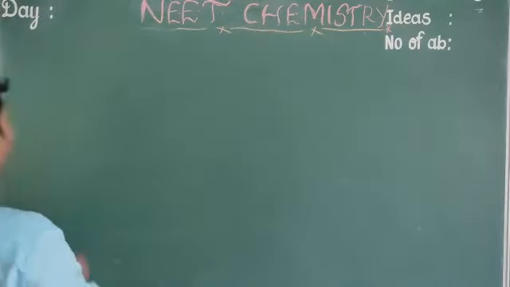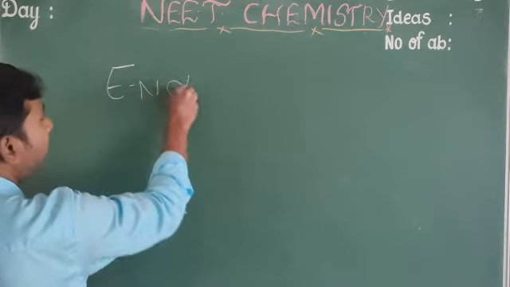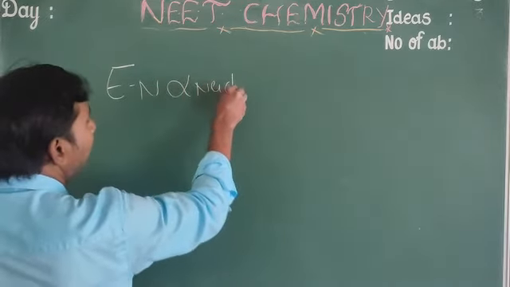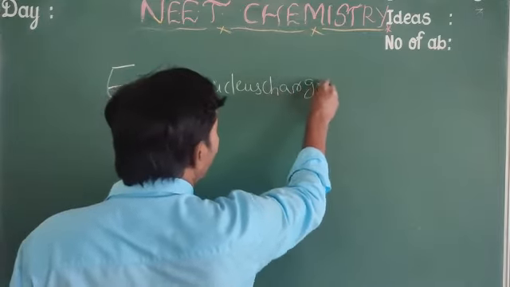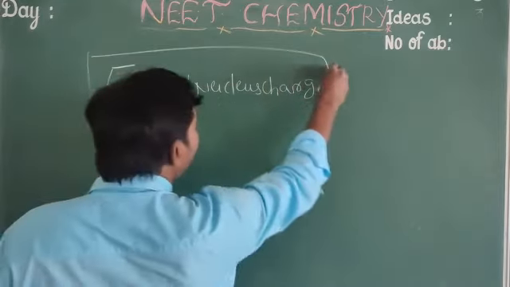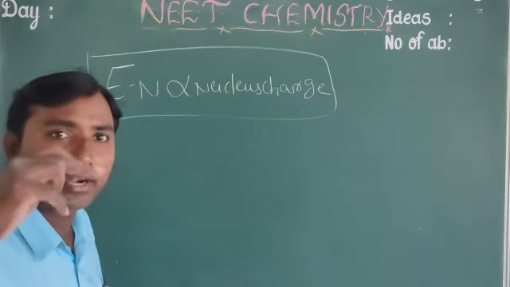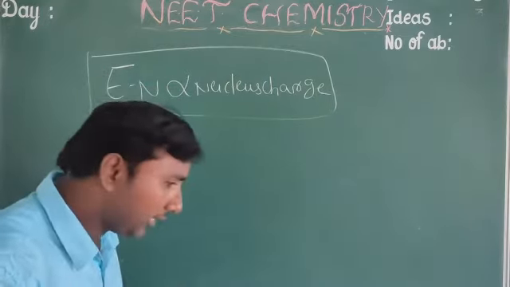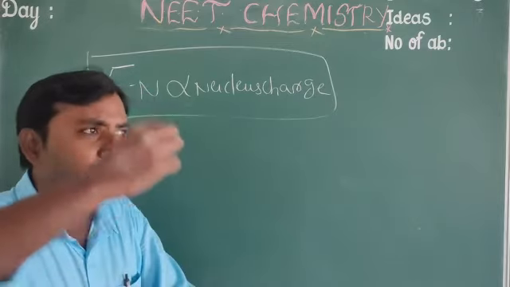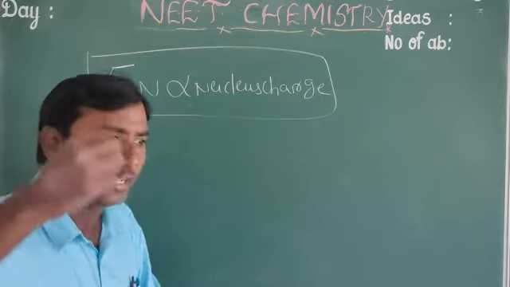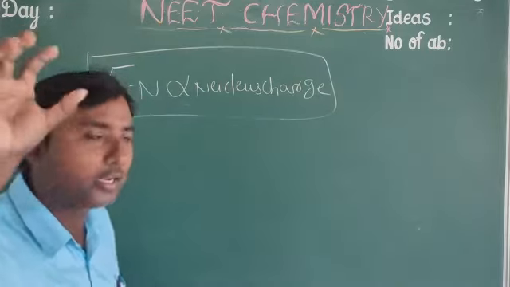Electronegativity is directly proportional to nuclear charge. If that element has more nuclear charge, electronegativity is also more, because the nuclear attraction is more, so it can easily pull the electrons, it can easily attract the electrons from another atom.